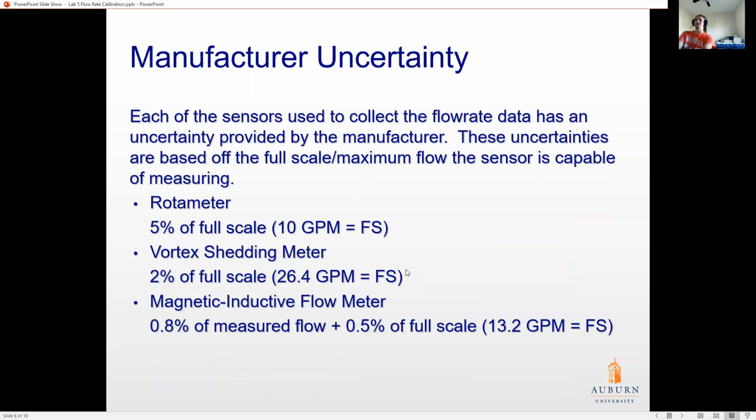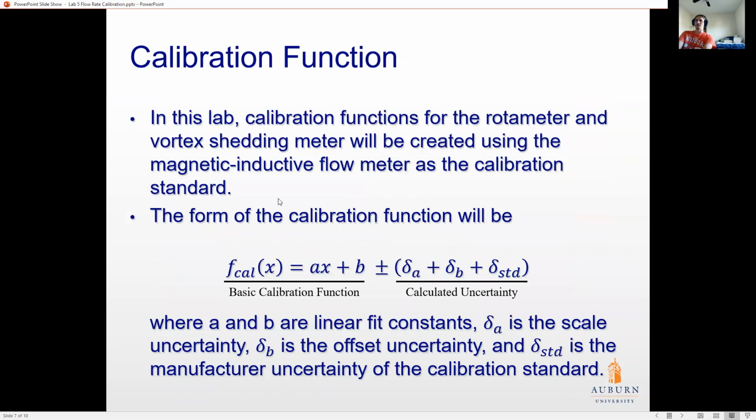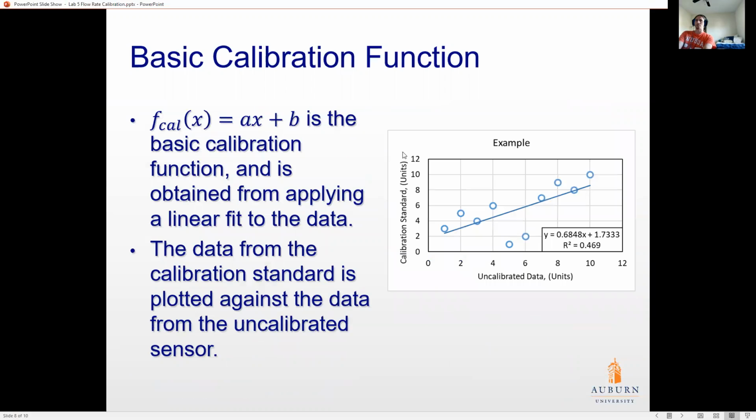So how do we do that? So here is our basic calibration function. You're going to plot on your vertical axis the output of the magnetic inductance meter, whatever your standard is, on the vertical axis. And then you're going to plot all of the uncalibrated data points from whichever sensor you're trying to calibrate on the x-axis.